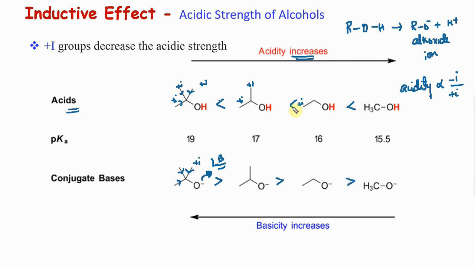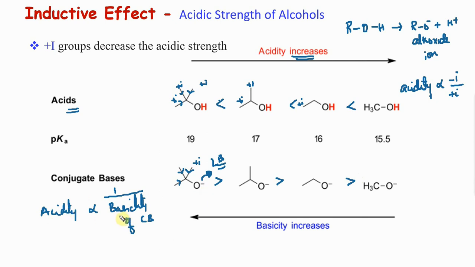So in general, the order is exactly opposite. Acidity is proportional to one over the basicity of the conjugate base. Conjugate means the acid and its base differ by only one hydrogen. So acidity is inversely proportional.